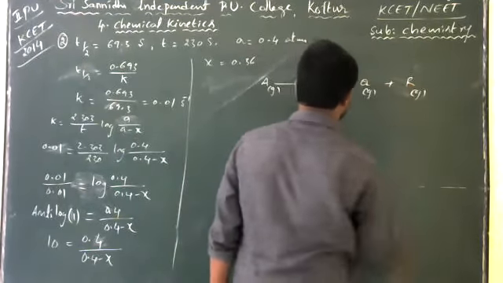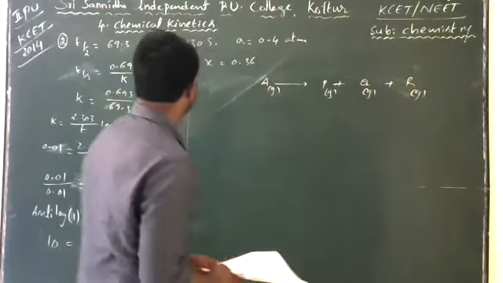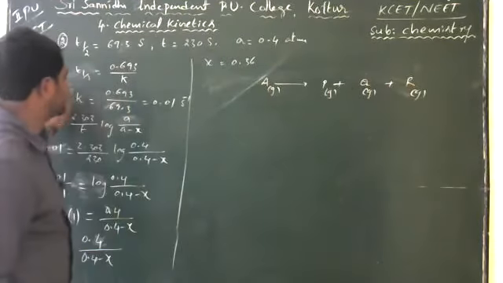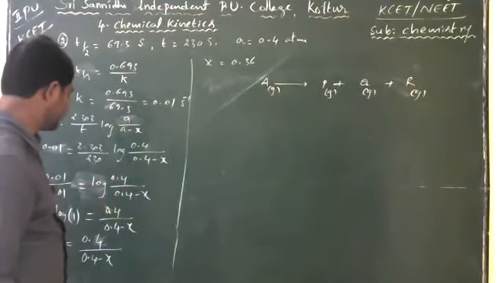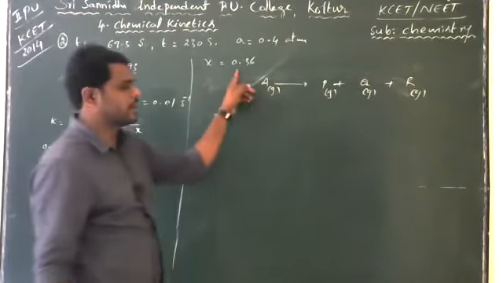So for this first order reaction, half-life is given. On the basis of half-life, first find K, then on the basis of K value find X, which is equal to 0.36 here.